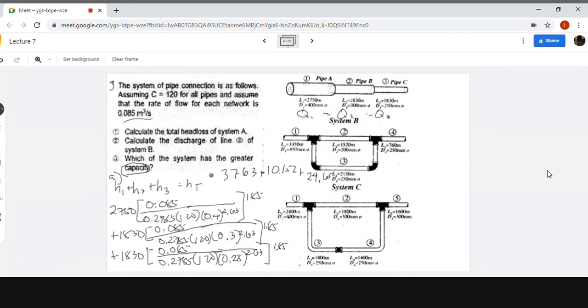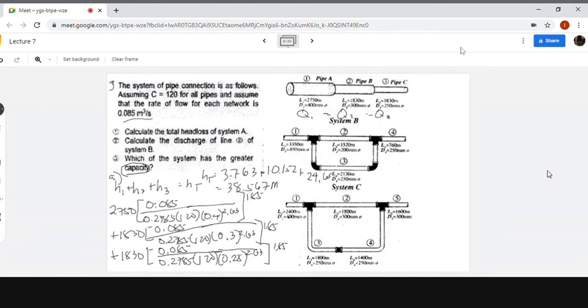So head loss total is 37.63 plus 3.763 plus 10.152 plus 24.652, equal to 38.567 meters. So that is for letter A.